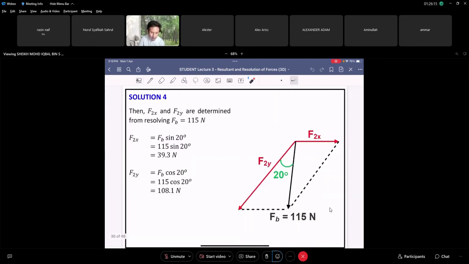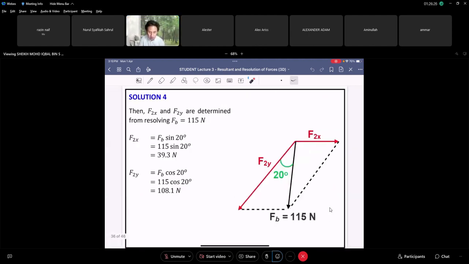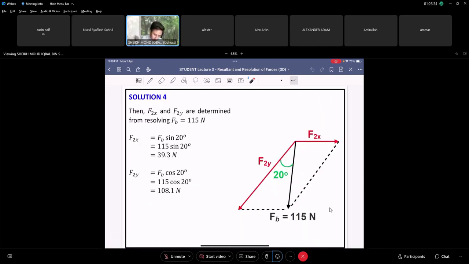Once we do that, once we calculate this one, 115 Newton that we have just calculated here, which is your FB, right? It's 115 Newton. We can now resolve it into the X and Y plane, right? Because previously, this one here is actually here.